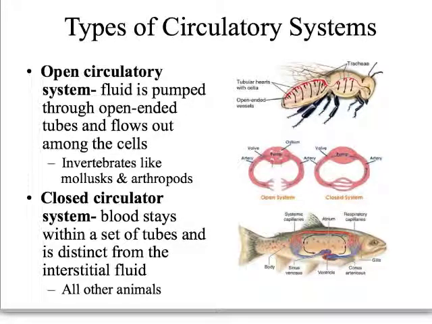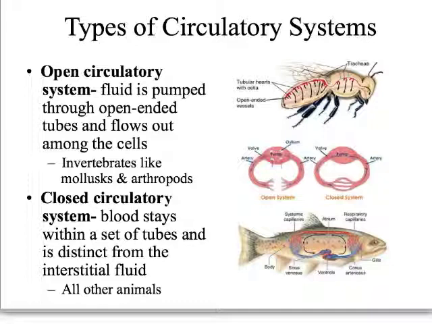There are two different types of circulatory systems within animals. Some animals have what we call an open circulatory system, and others have what we call a closed circulatory system. An open circulatory system is where fluid is pumped through open-ended tubes and flows out among the cells.